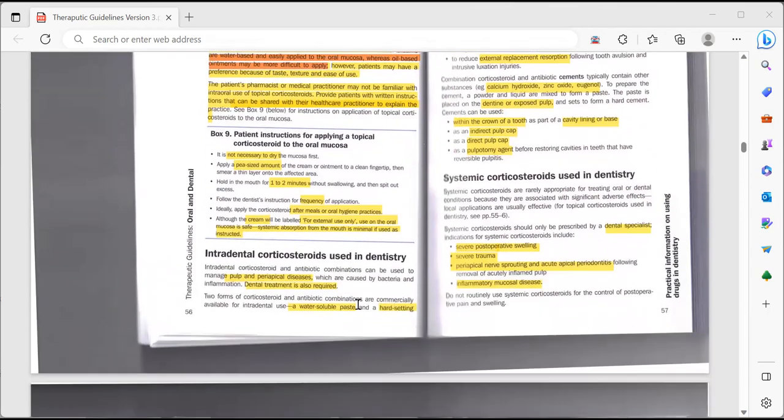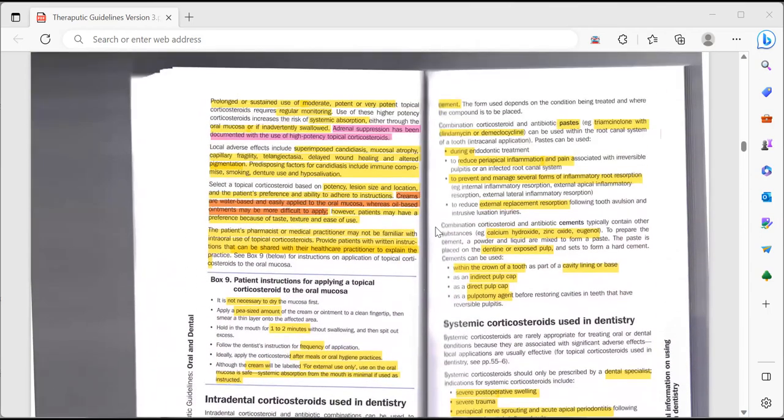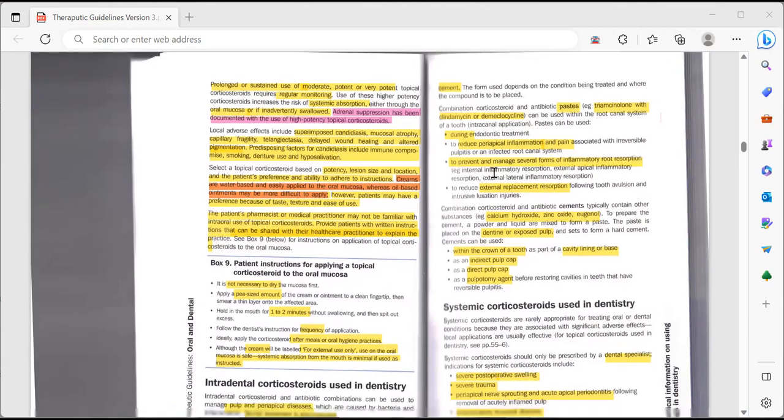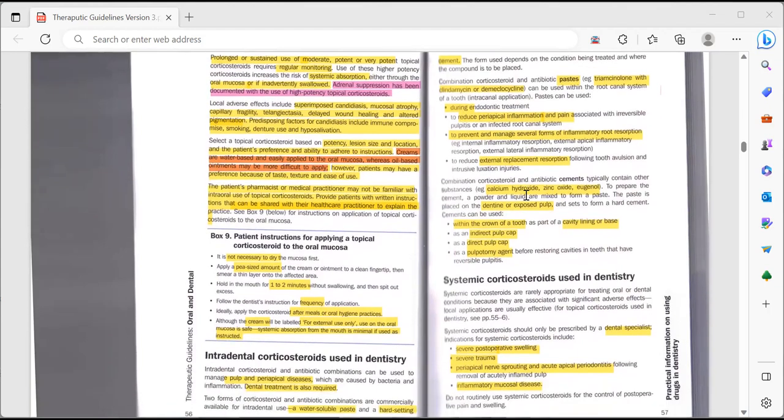We can use the paste for endodontic procedures, or to reduce periapical infection in the canals, to prevent and manage severe forms of inflammatory root resorption and external replacement resorption.